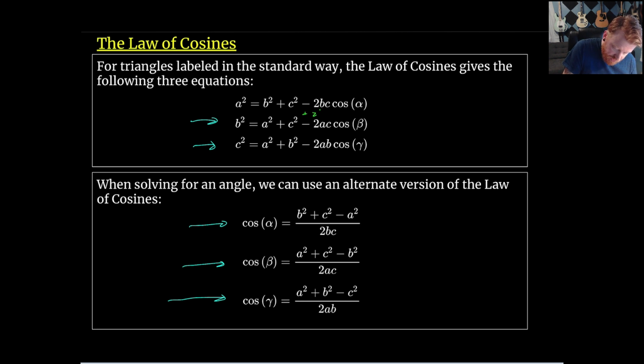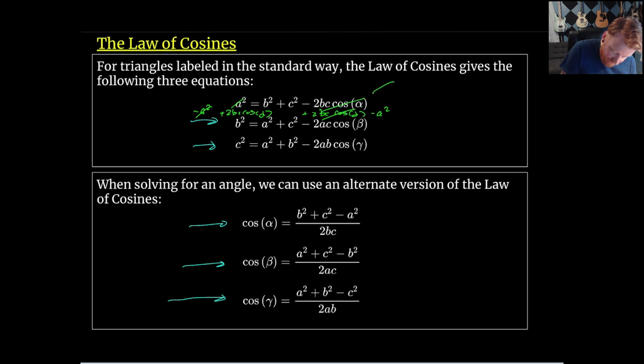If I add 2bc cosine alpha to both sides, and I subtract a squared from both sides, those are going to cancel. These are going to cancel.